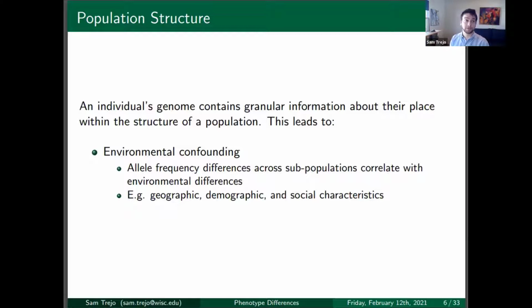These environmental differences could be geographic, demographic, social. One thing I was going to flag is that with population stratification, I think we still don't fully know how big of a problem this is. Hopefully some of these methods that I'm going to discuss will begin to elucidate it.